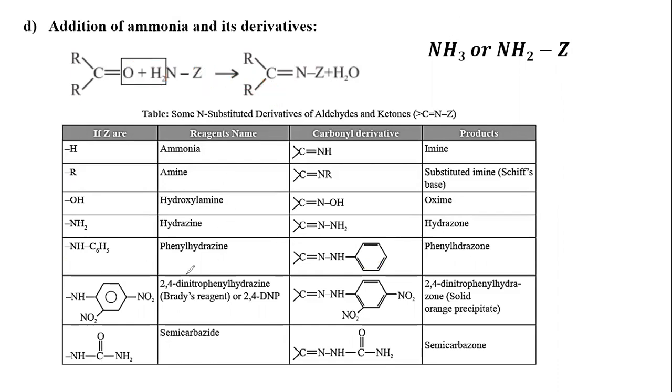If we take Z as NH single bond phenyl group, the reagent will be phenylhydrazine, and if it contains two nitro groups, that is NO2 on the ortho position and NO2 on the para position, it will be called 2,4-dinitrophenylhydrazine.